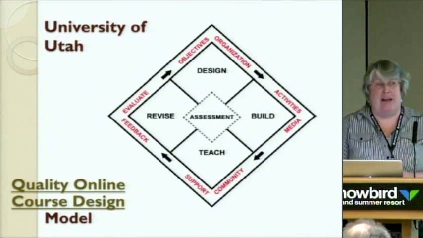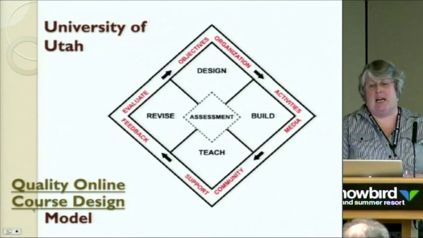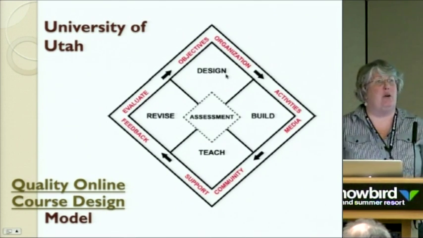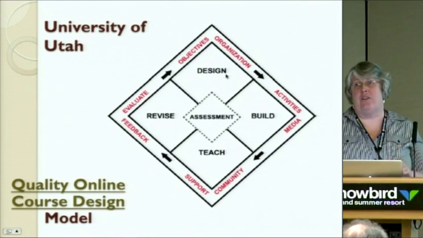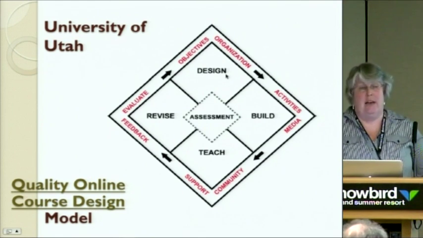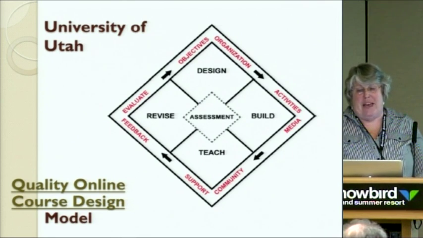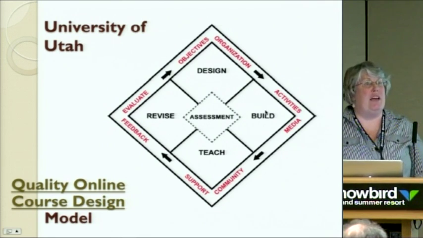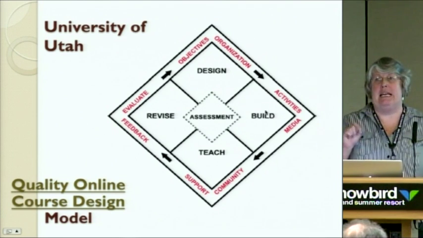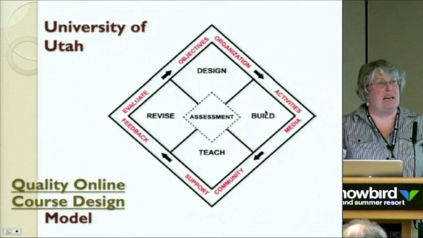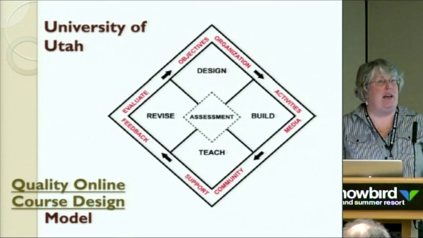Another important aspect of this model is that faculty can come in at any stage. In my course, since it's a 3-credit course, they come in at the design stage, and they begin the process from the beginning. But they could also already have a course, and they just want to redesign one of those activities in Canvas. They would come in the build phase.